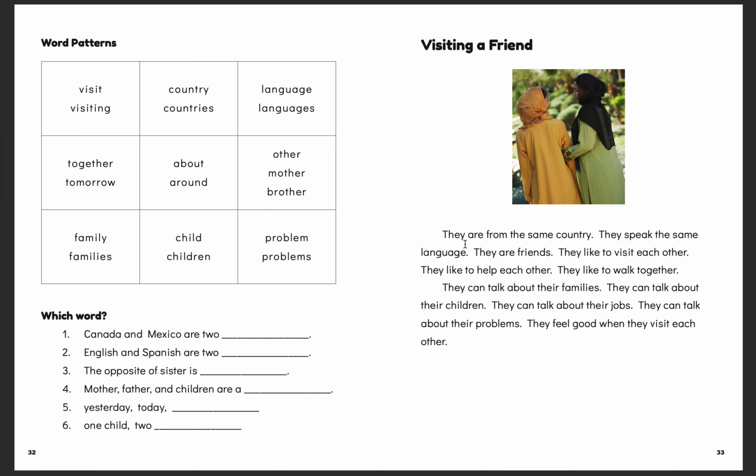So have them repeat after you first. They are from the same country. Have them say it just like that right after you. They speak the same language. Have them repeat. And go through the whole paragraph like that, and then see if they can do it more independently with chunking.